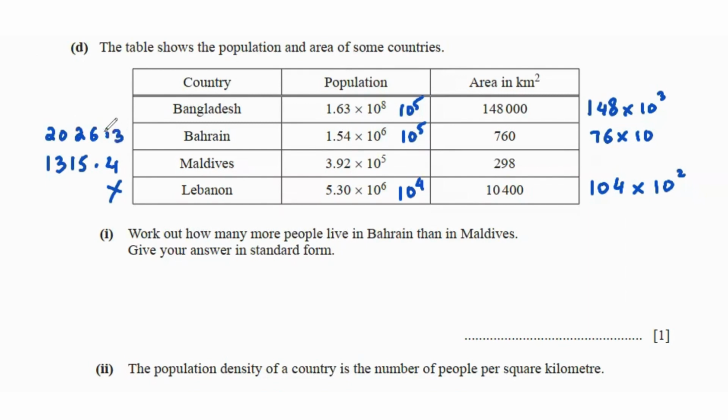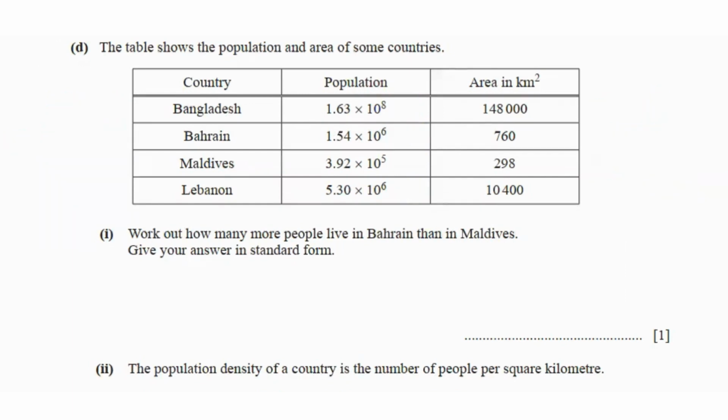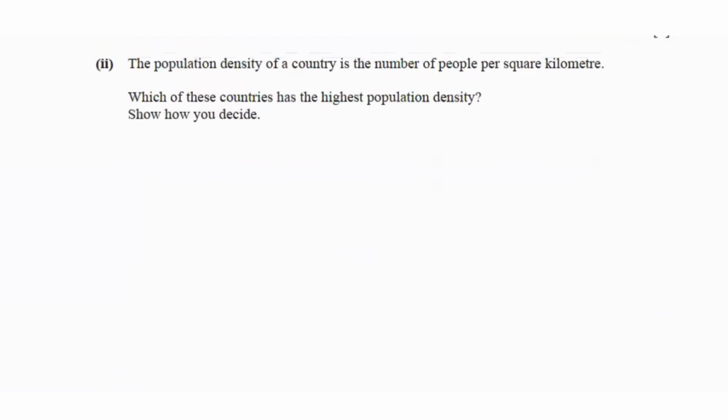And then for Bangladesh, 1.63 times 10 to the power of 5 divided by 148 is 1101.3. So as we can see, Bahrain has the highest population density. Thus, Bahrain.